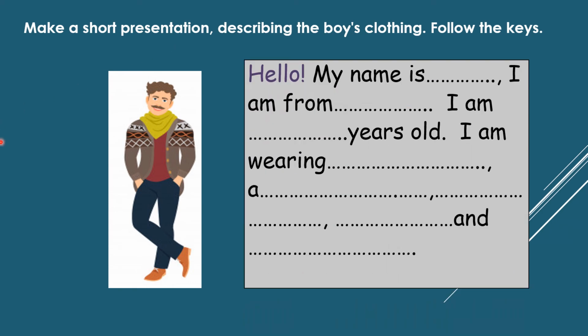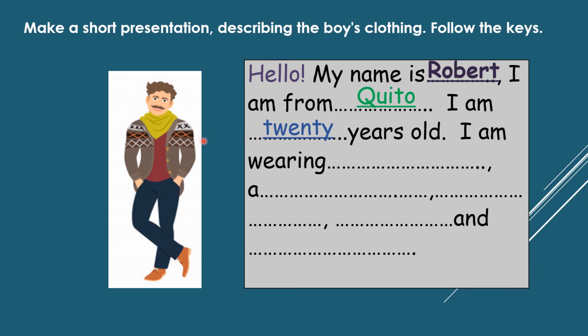Notice. The presentation about the man, it is, hello, but you say, my name is, you write, Robert. I am from, for example, país de origen, bueno, en este caso, ciudad de origen, Quito. I am years old, that to say 20 years old. I am wearing, ¿qué está usando?